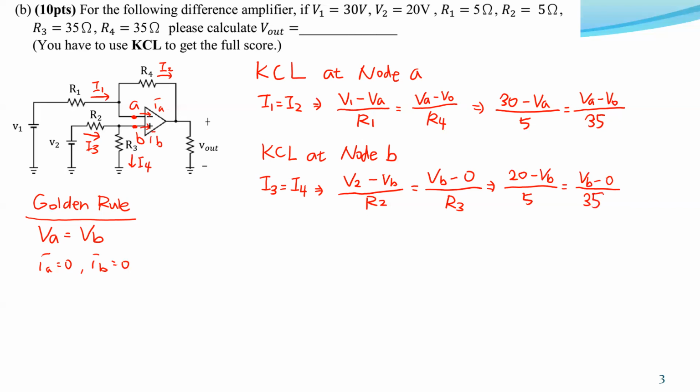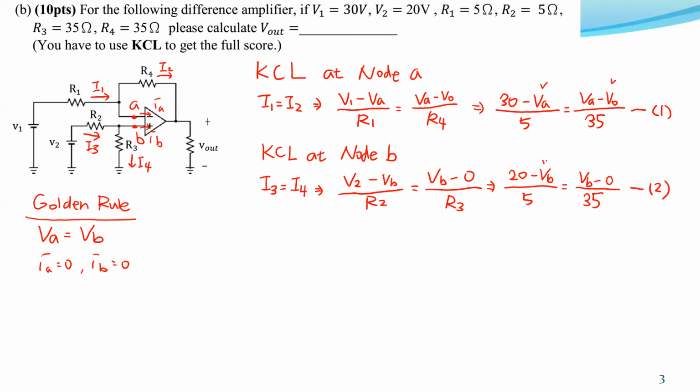Okay, R3 is also 35. And so this is our first equation. This is the second equation. And we have 3 unknowns, right? The unknown is VA. And the second unknown is VO.